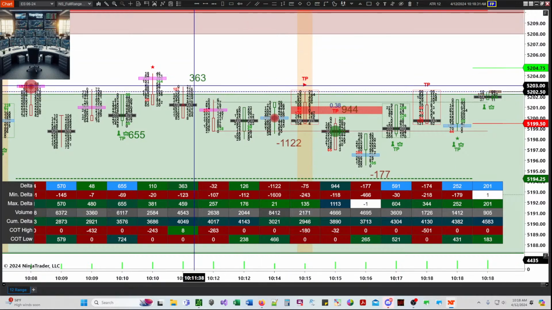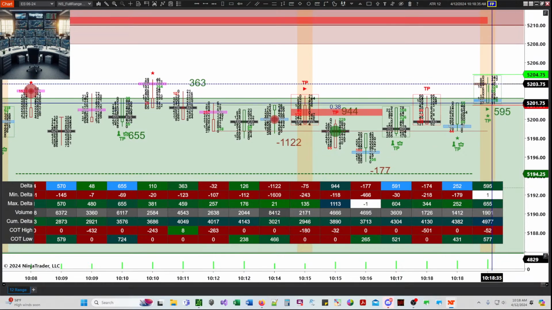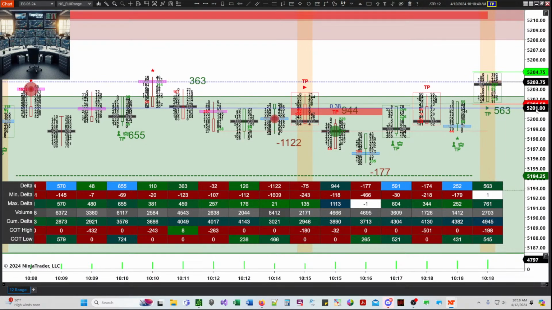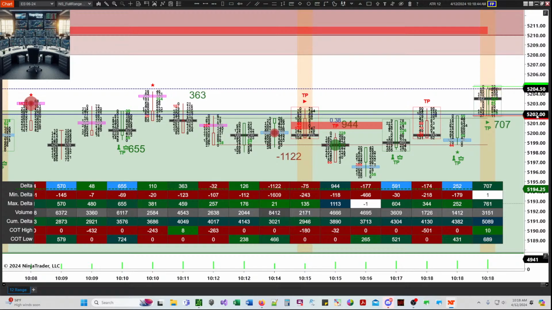In this area, I would like to see a huge negative delta with some signals like some ratios and some other stuff behind it. Not going to get it though. They're trying to push to the upside.